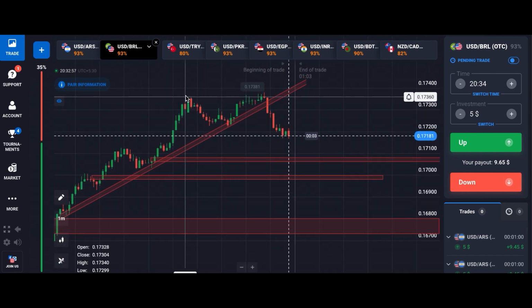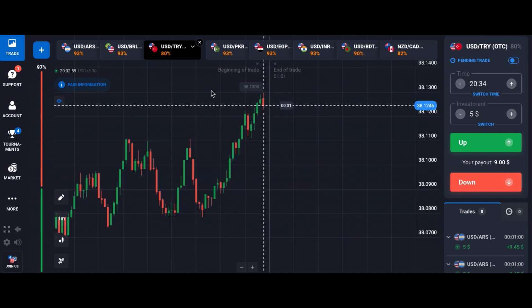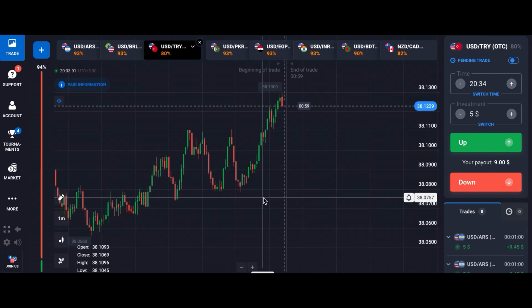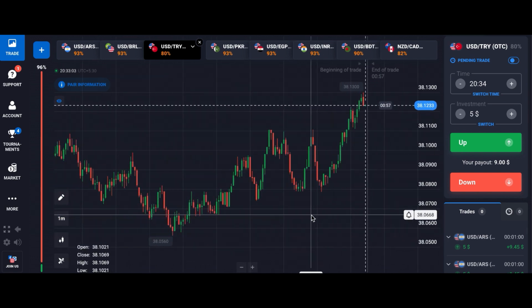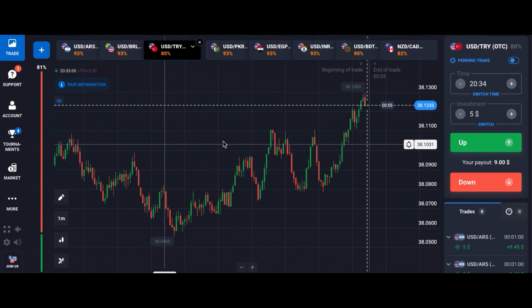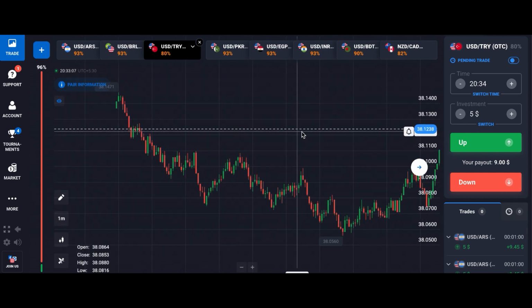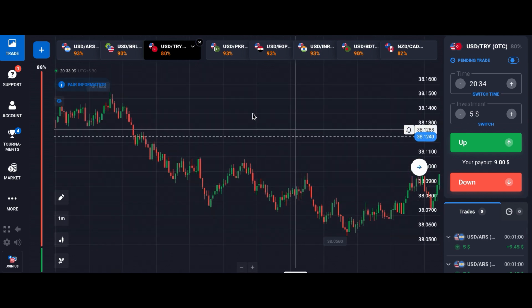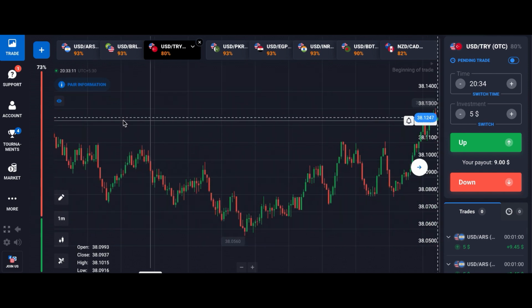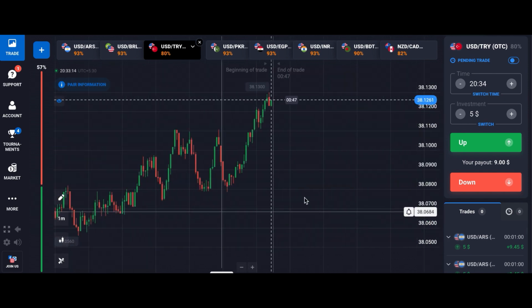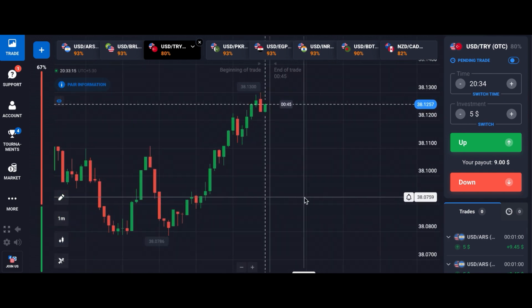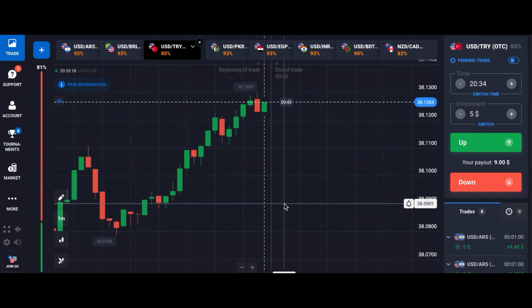So now let's see another chart until the market comes to our specified level. Okay, so this is an upgrade. The market has already gone up, so we are late.